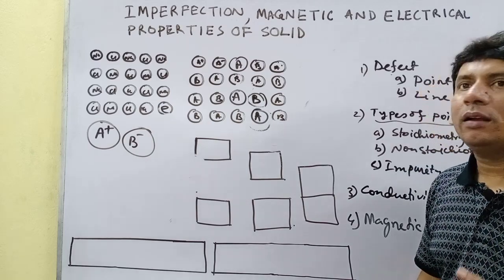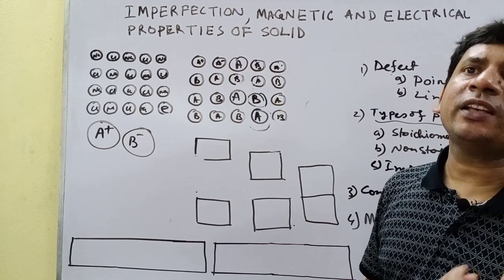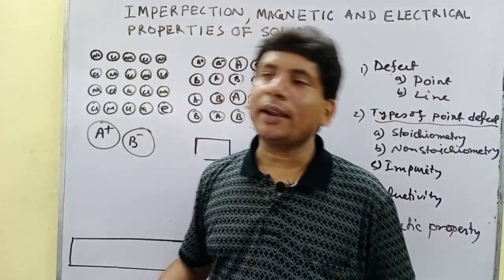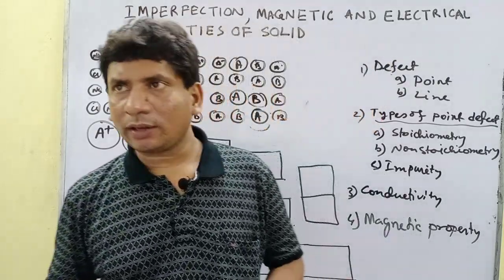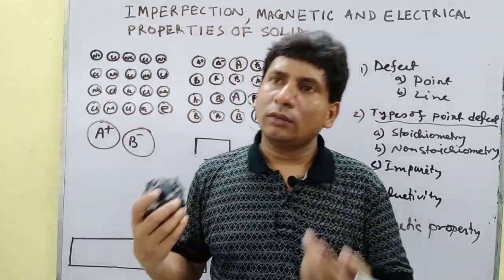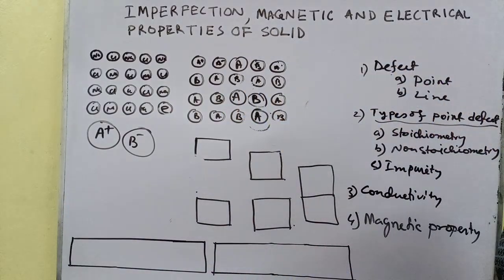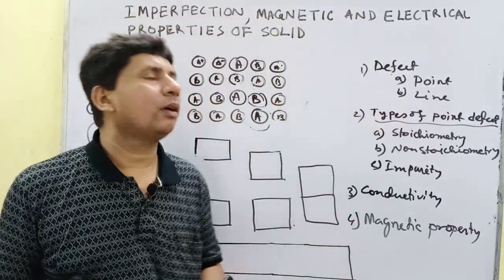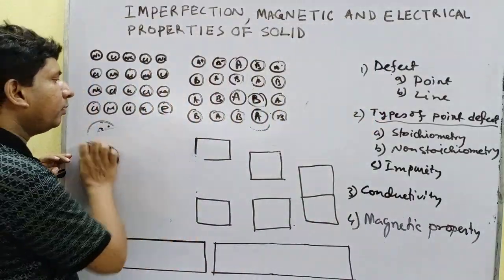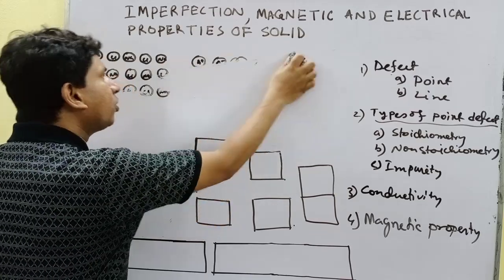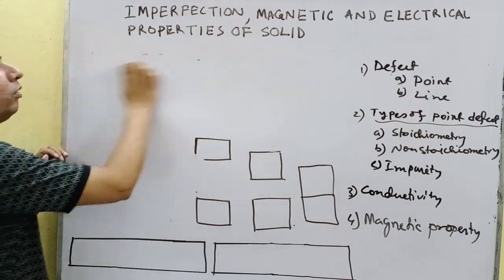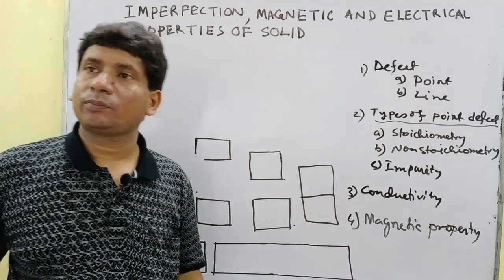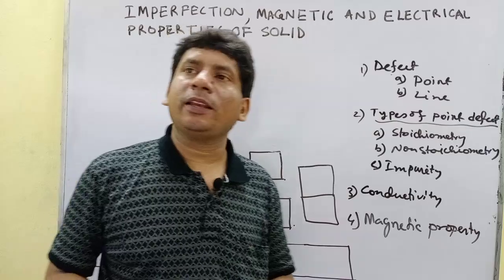Clear? Now, classification of solids on the basis of their conductivities. What is a conductor? Is a metal a conductor or non-conductor, or is a crystal solid a conductor or non-conductor? How can we decide whether a crystal solid will be conductive, non-conductive or insulator, or semiconductive?